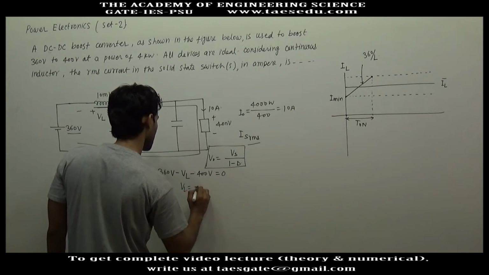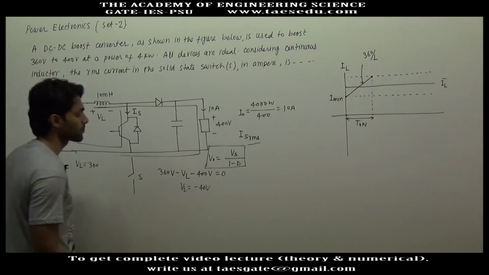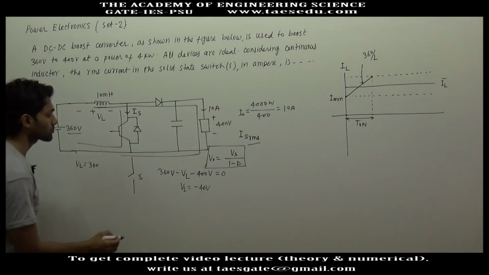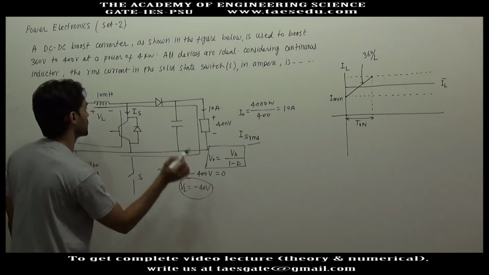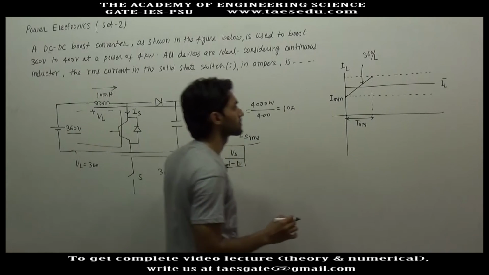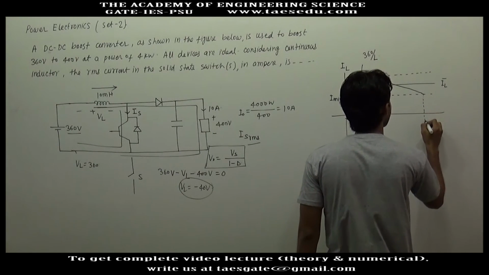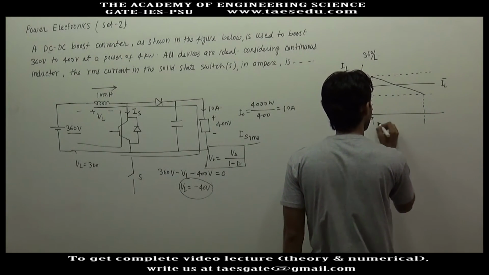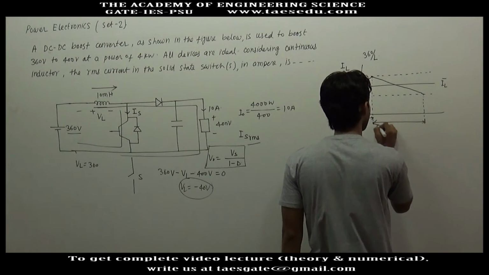So VL will be minus 40 volt. The voltage across the inductor is negative, so this current will now decrease, and the duration for which the switch is disconnected will be called T off.